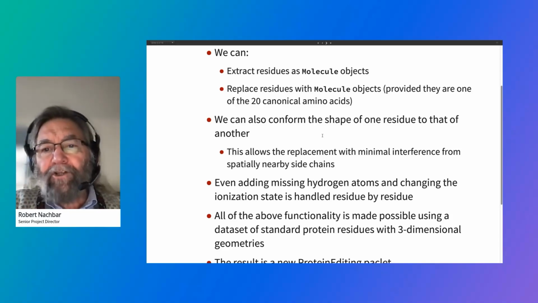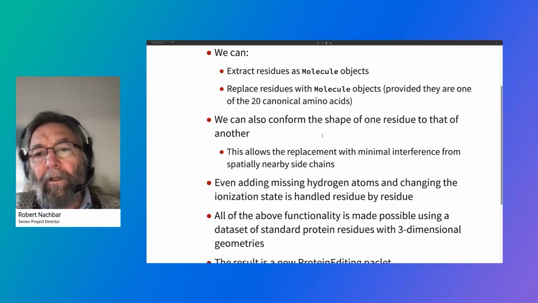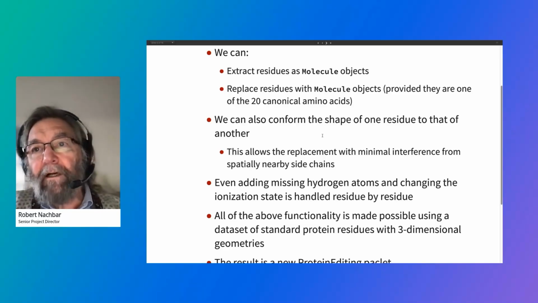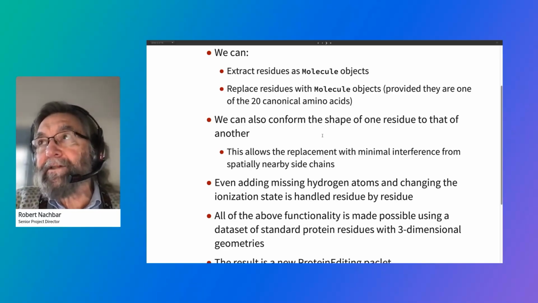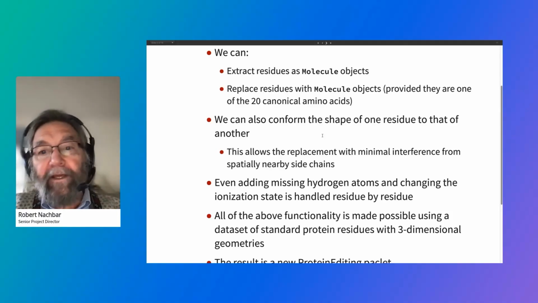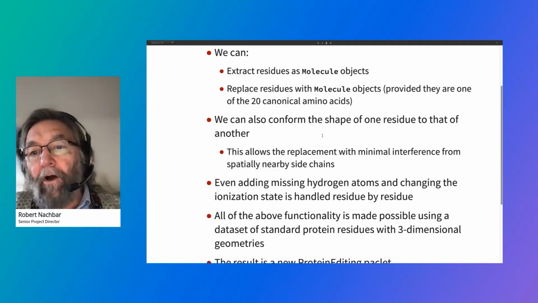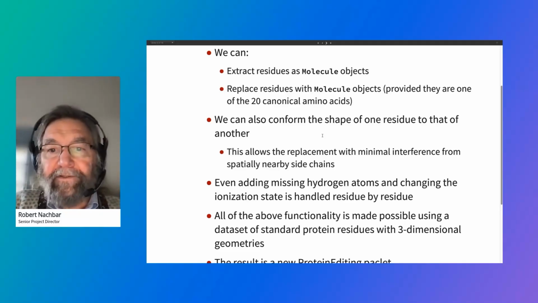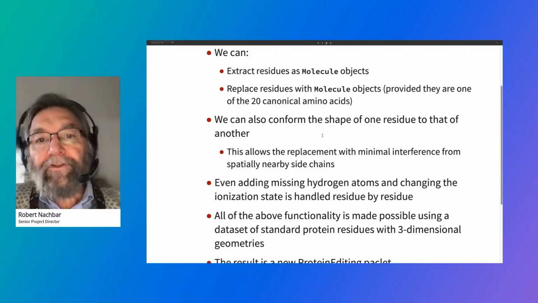At physiologic pH, which is 7.4, most acidic groups, aspartic acids and glutamic acids, are ionized, and they have carboxyl groups with negative charges on them. And all of the basic side chains, arginines, lysines, histidines, those are protonated.